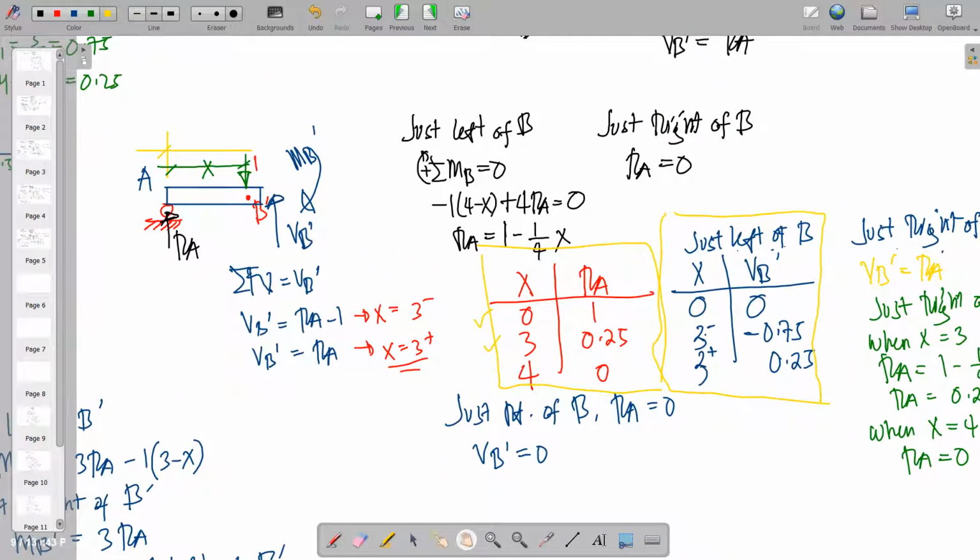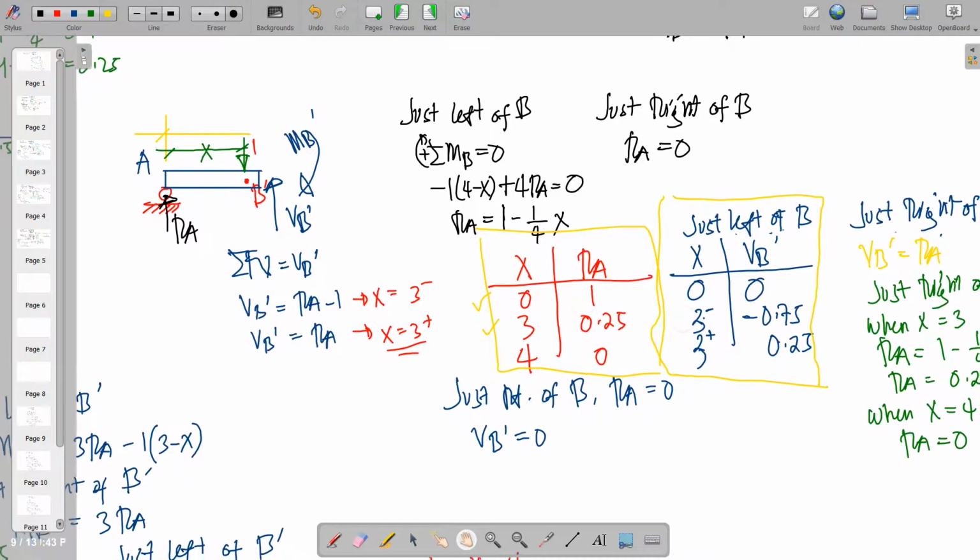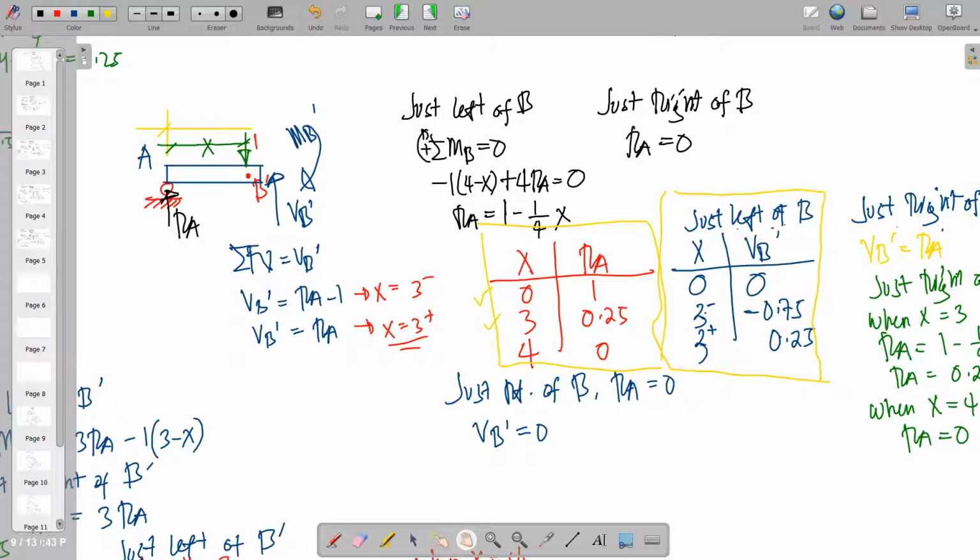So we tabulate your shear at B prime. When X is 0, we use this. RA is 1, right? So 1 minus 1 is 0.